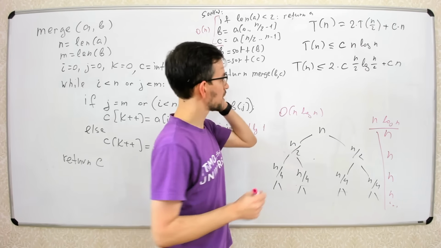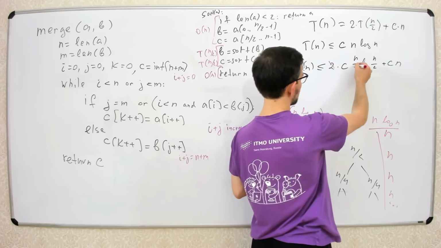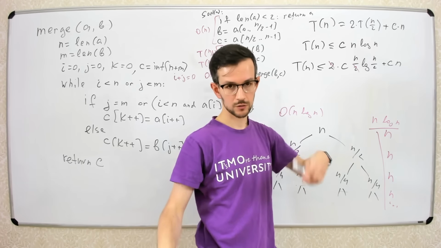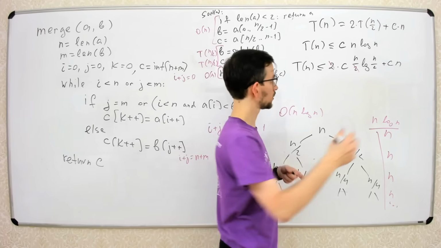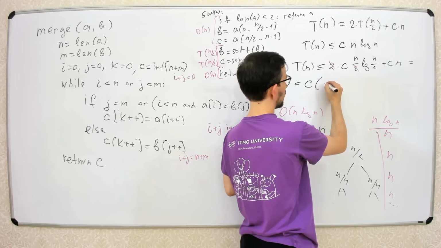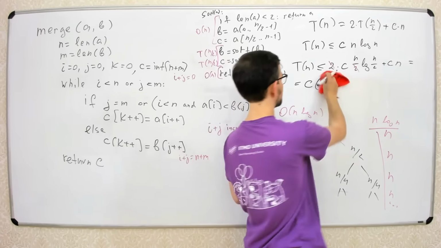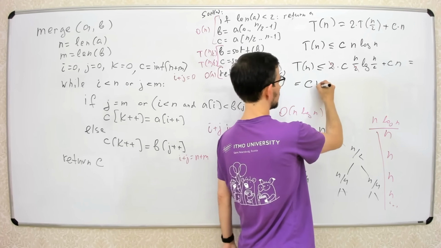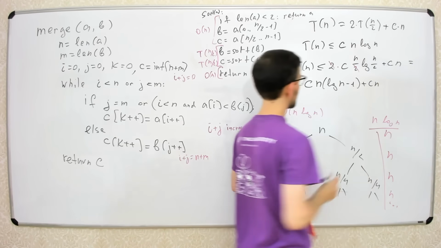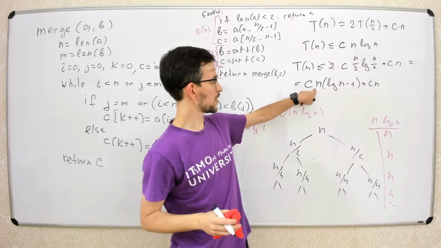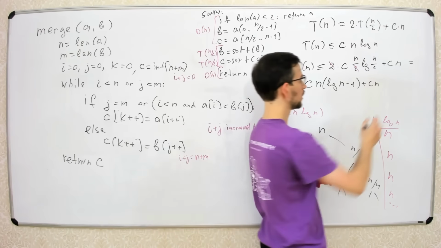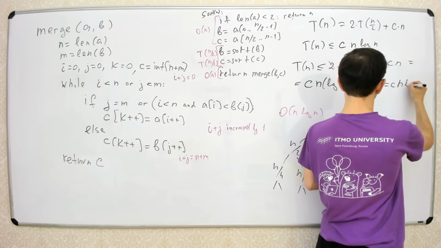Now just simplify this, so we can get rid of these 2's. Log of n over 2 is log n minus 1. So we have cn times log n minus 1, plus cn. Then you simplify this, you have cn log n minus cn plus cn, so it is c n log n.